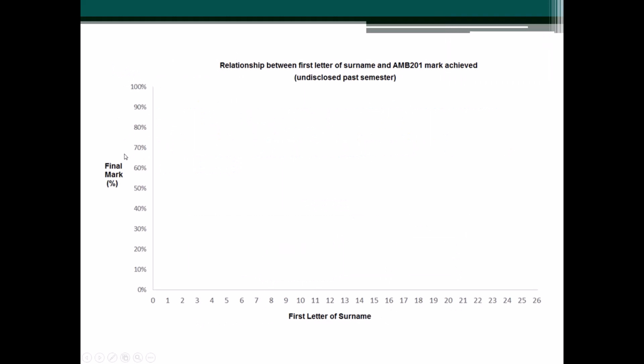We would still expect them to be able to get high or low marks. So here you can see the final marks that people have achieved, and across the bottom here I've indicated numbers corresponding to the first letter of each person's surname. So people with surnames starting with A would be grouped into this one category, and starting with the letter Z grouped into this 26 category.